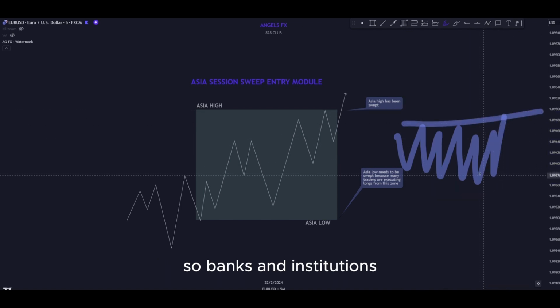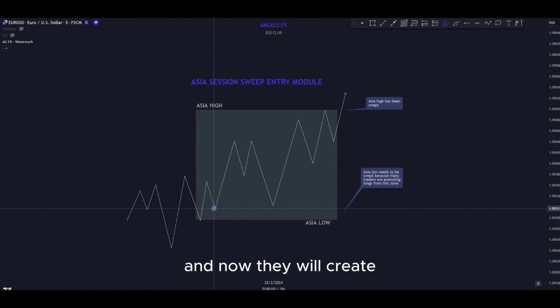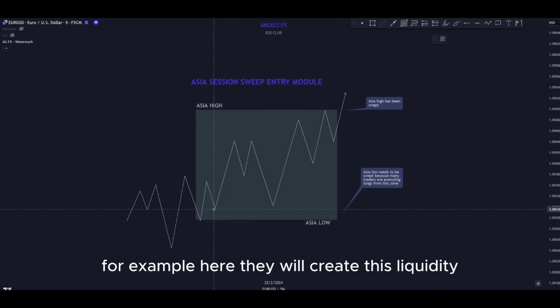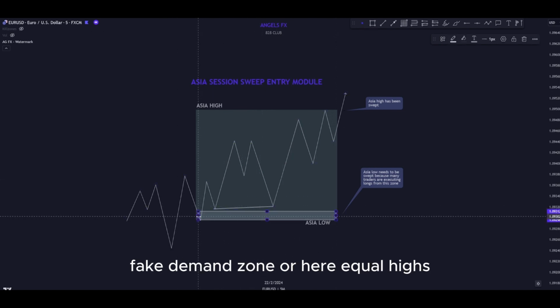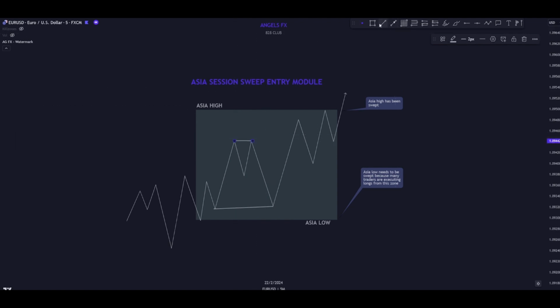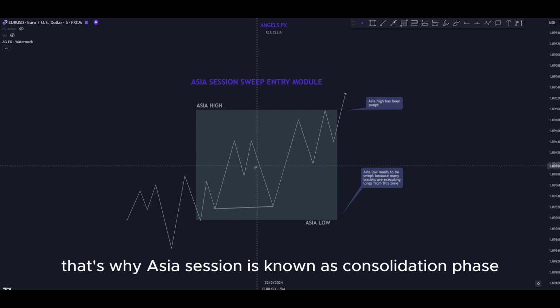Banks and institutions need liquidity to move the markets, so now they will create, for example, here a smart money trap, a fake demand zone, or here equal highs, then also another liquidity, and so on. That's why the Asia session is known as the consolidation phase.